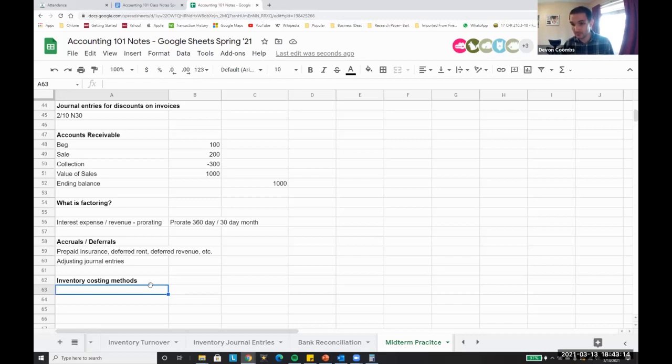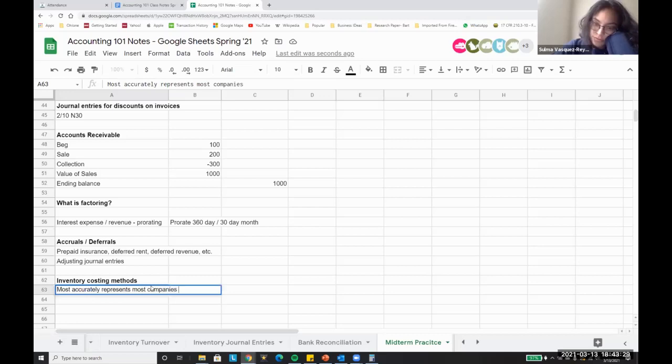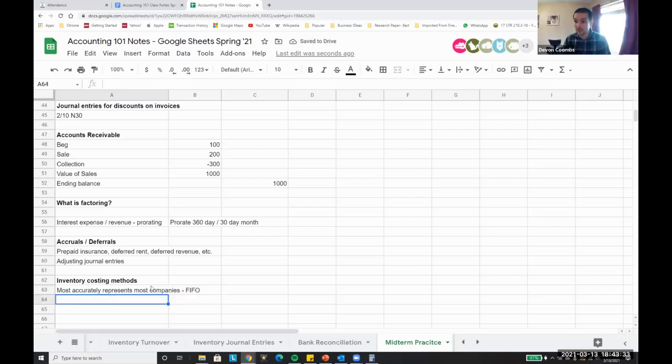Is it FIFO, LIFO, or average cost? Which most accurately represents what most companies do? FIFO? Yeah, good job. Perfect. And what do most companies elect? Also FIFO.